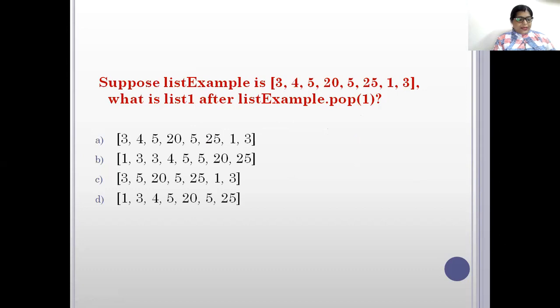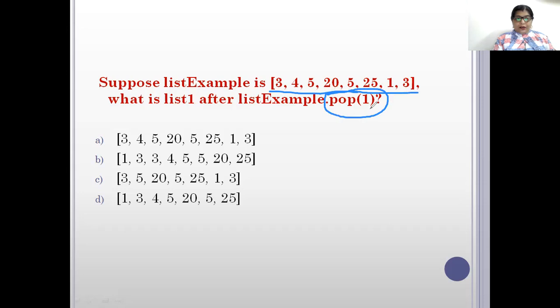Next one. Suppose this is a list, for example this. They are giving this as list 1. After list example pop of 1, what is the list? So what is pop, firstly? Pop means we are deleting that element, bringing out that element.